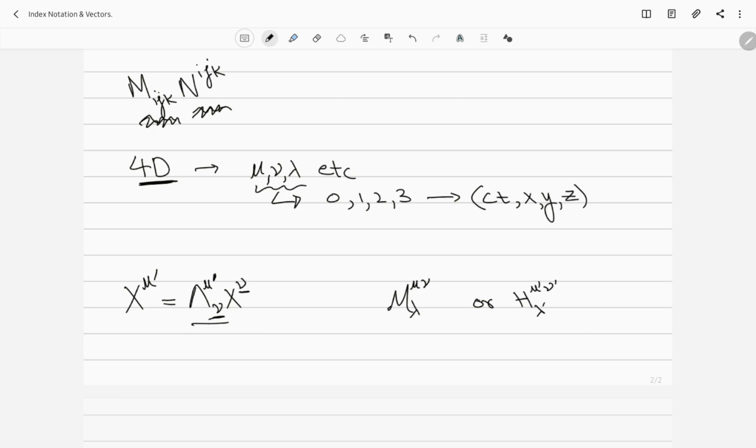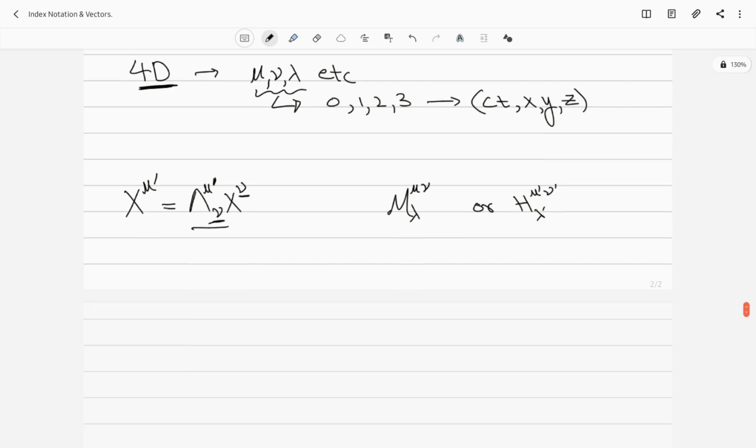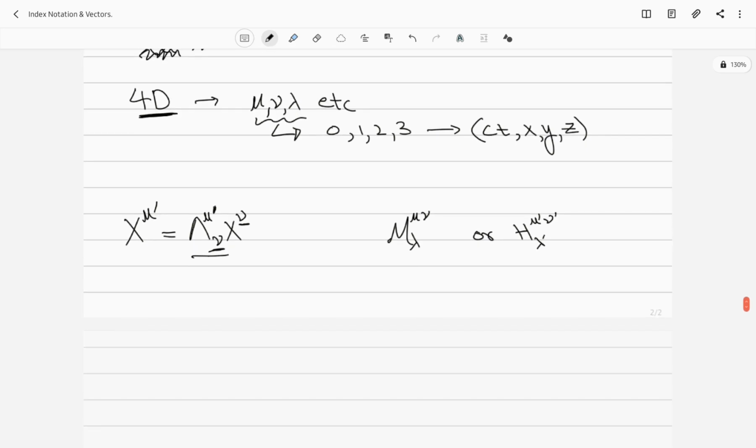Now, in some cases, you will want to revert back to matrix expressions, and of course that is possible only when you can, because we said that some objects cannot be represented with matrices at all.